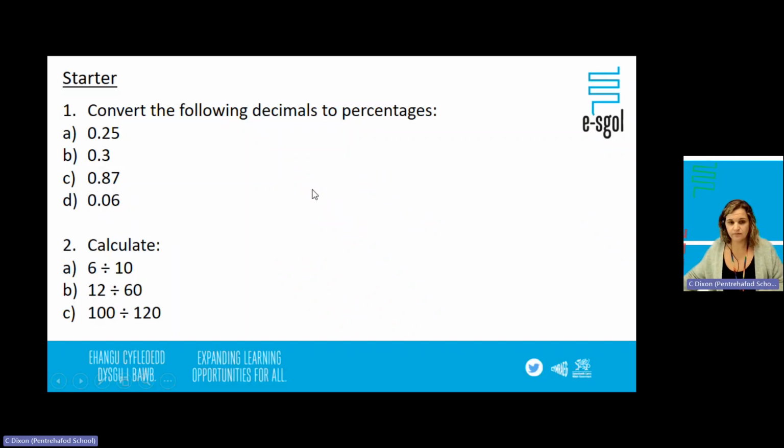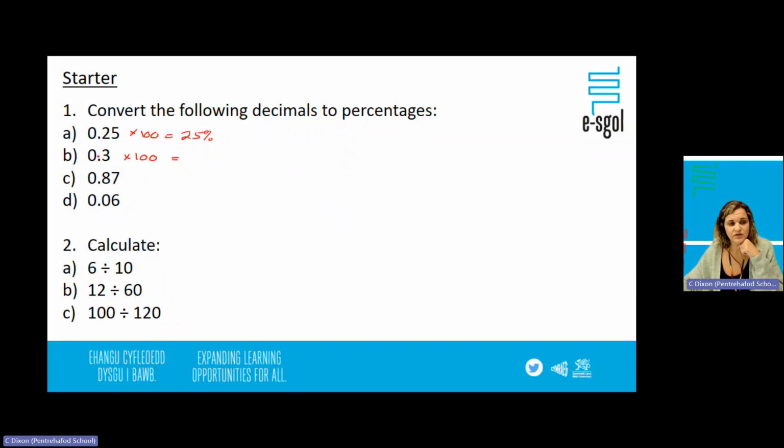Okay then, so I'm going to start going through the answers. Like I said, with question 1, we're multiplying by 100. So if we're timesing 0.25 by 100, then that will give us our percentage, which means that the first one is 25%. Every time we are going to multiply by 100. So here, when we multiply by 100, the digits move to the left 2 places.